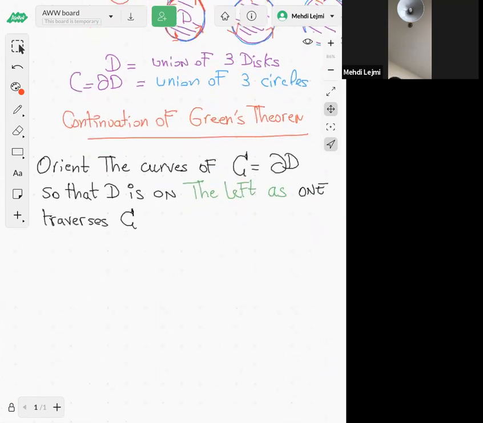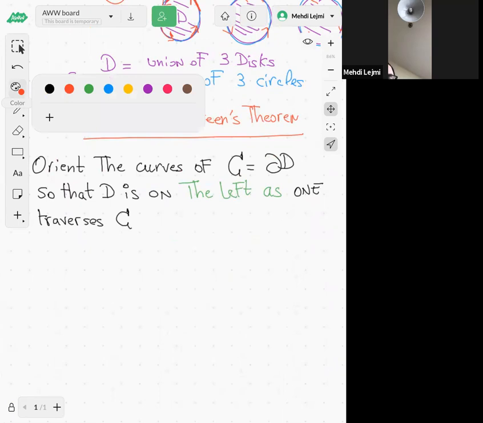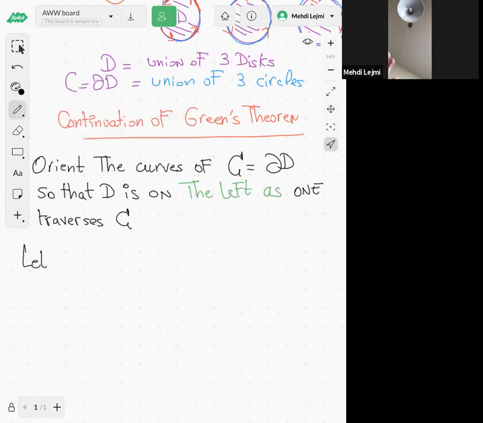All right. Now we were almost done with this Green's theorem. Remember, guys, the goal of Green's theorem is to relate a vector line integral along some curve in the plane to a double integral. A vector line integral means we have some vector field, a force field. So let's say you have F of x, y.